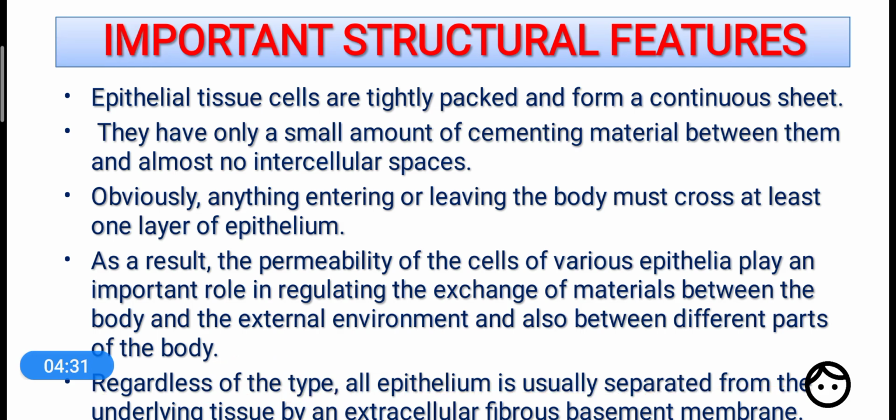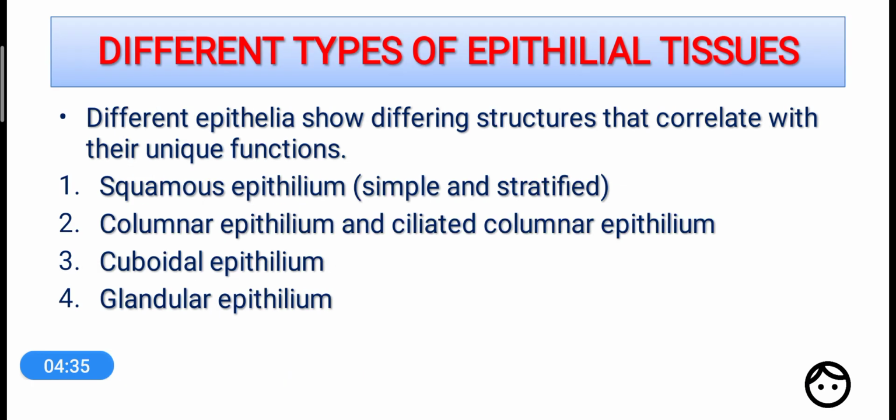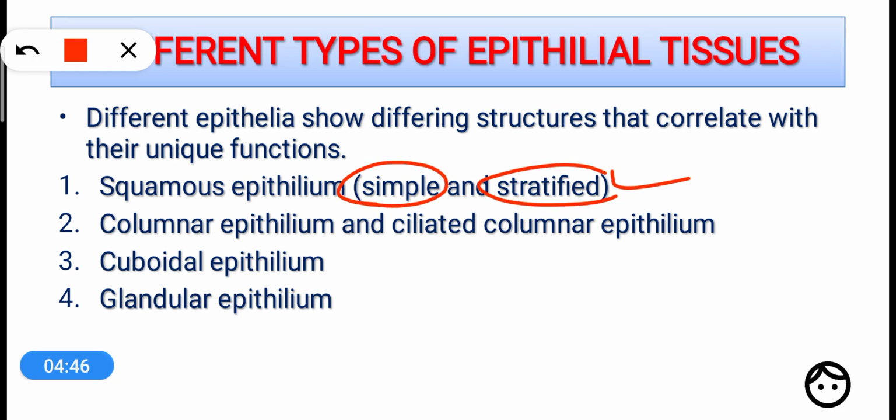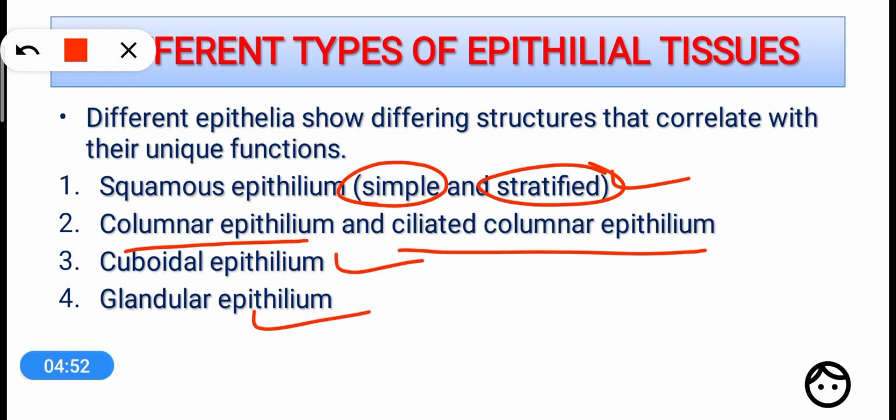So dear students, every epithelial tissue lies on a basement membrane, which is an extracellular matrix. Okay, so there are different types of epithelial tissues. One is squamous epithelium, which may be of 2 types, simple and stratified. Other is columnar epithelium, which may be ciliated columnar also. Then is cuboidal, and then is glandular epithelium.